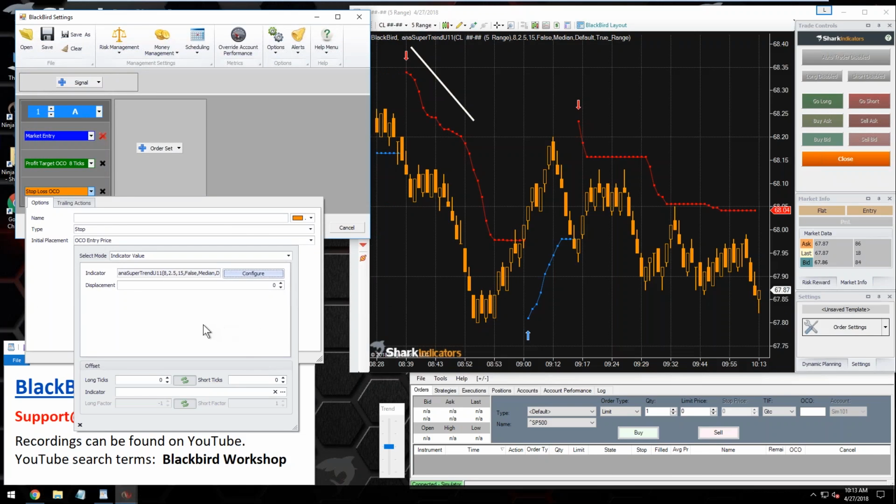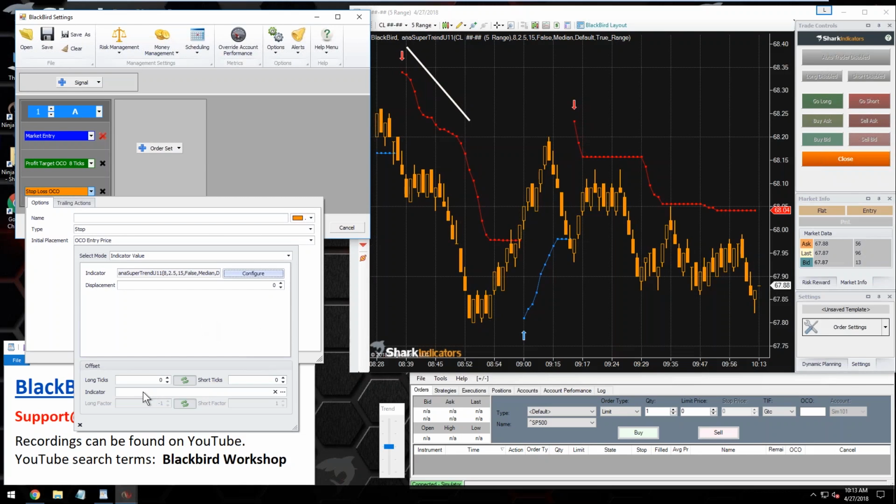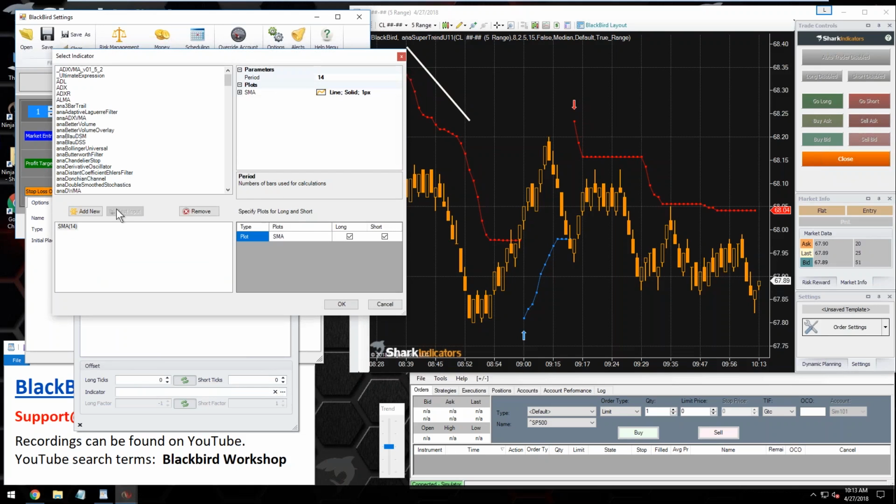Now, here's the custom part of this. We're going to apply an offset to the anaSuperTrend, and that offset is going to be the ATR indicator. So we're going to scroll down to the ATR. Where is it? There it is.